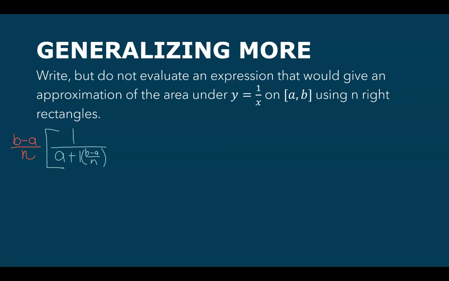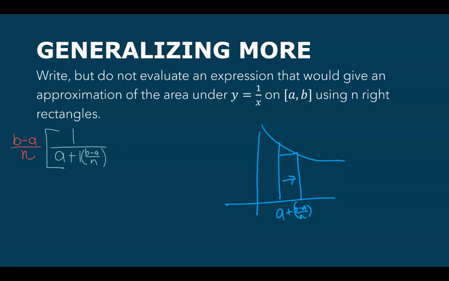And so why is the first term 1 over a plus 1 times b minus a over n? Well, because we were always doing the same thing. Here's 1 over x. The left endpoint is a, and we find the first rectangle's height one width away from the left-hand endpoint, which is b minus a over n.